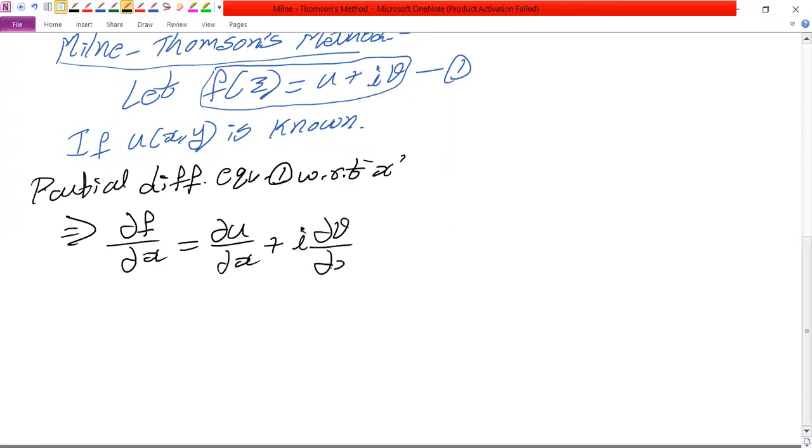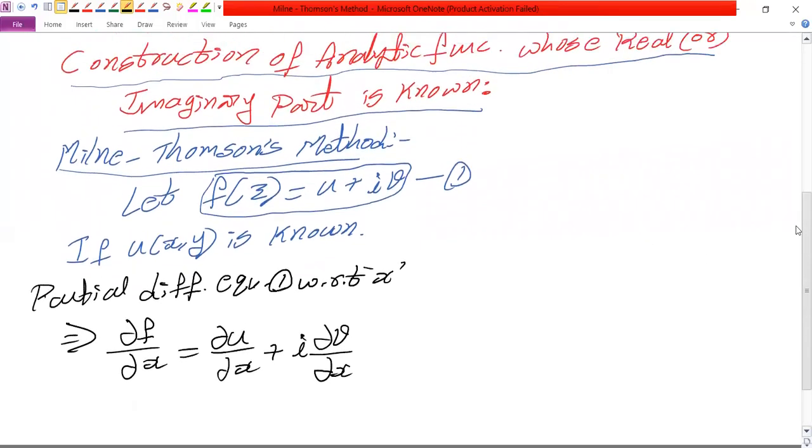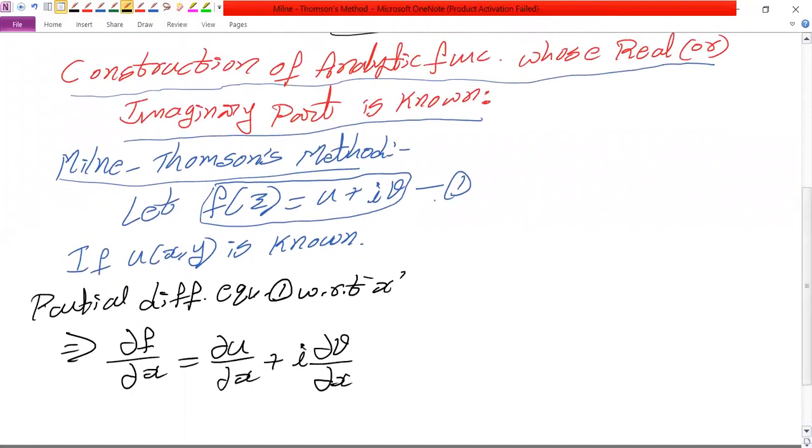Once again, read the heading of this procedure: construction of analytic function. That means f of z is an analytic function.